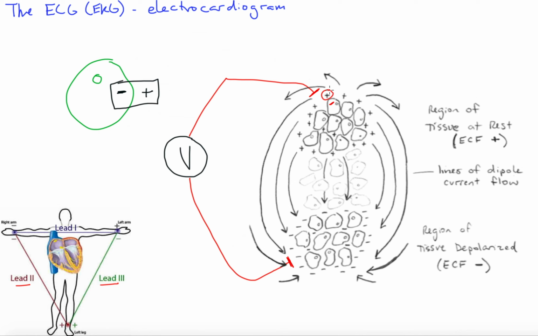So we're comparing this positive to another region down here where the positives have flooded in and left the outside of the cells more negative. In other words, this region down here is depolarized.